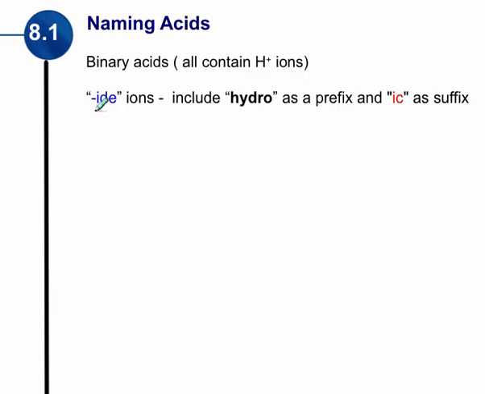If the ion ends in ide, we are going to change the name, put a hydro as the prefix and an ic as the suffix. Prefix is the start, ic is at the end. Let's show what that means here. Our last example, HCl, is hydrogen chloride gas.